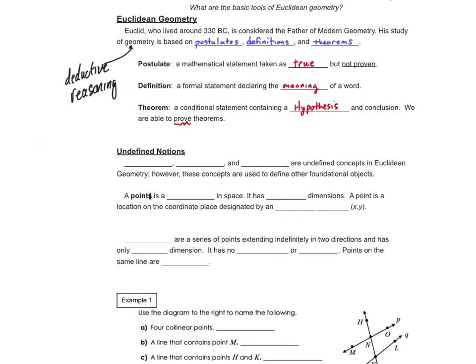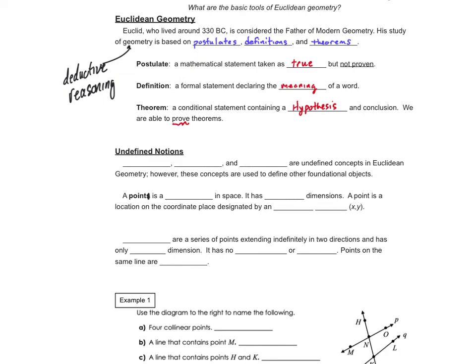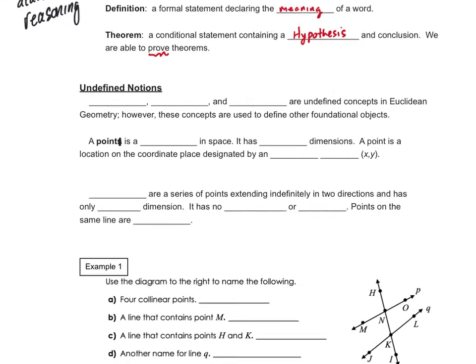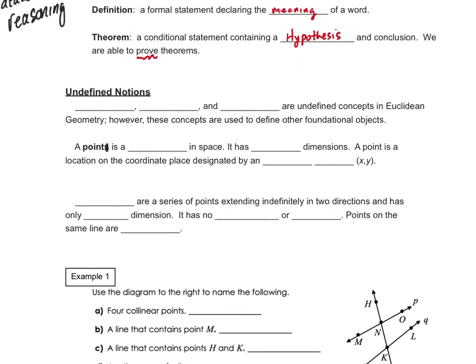The foundational blocks of Euclidean geometry start with three undefined notions, and these undefined notions consist of the point, the line, and the plane. So we have these three things that we will build the rest of our objects with: a point, a line, and a plane.